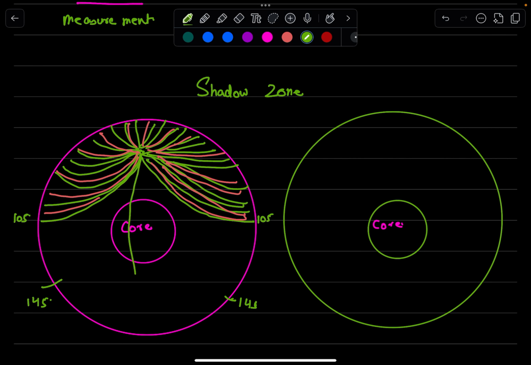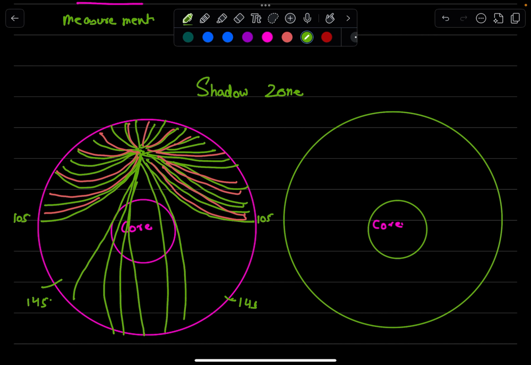However, they do occur after this zone. This is the only area where the P waves are occurring, but S waves still remain absent.